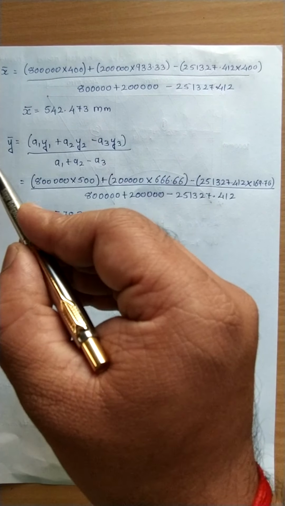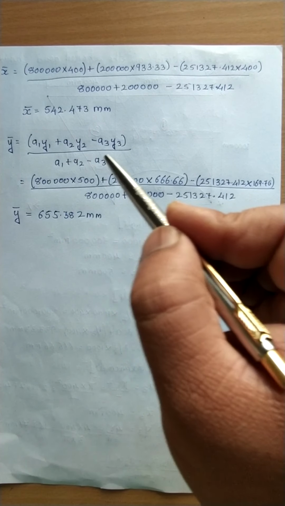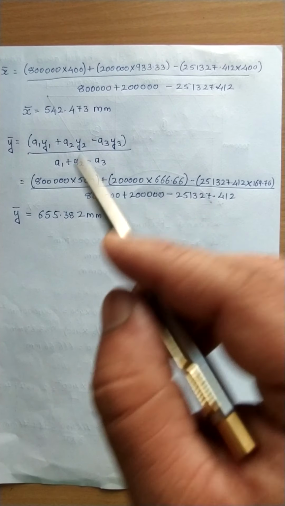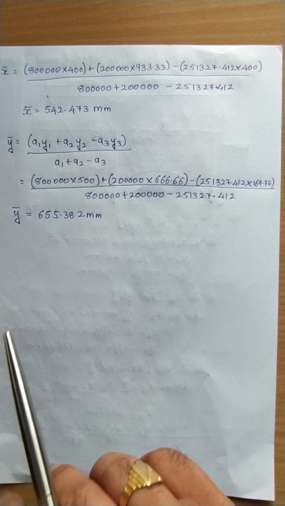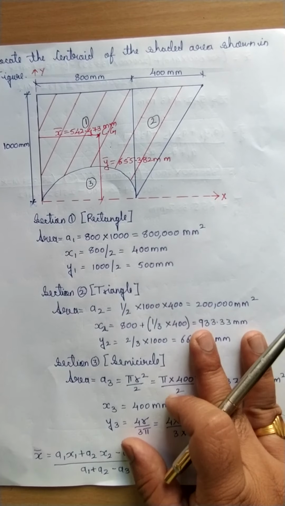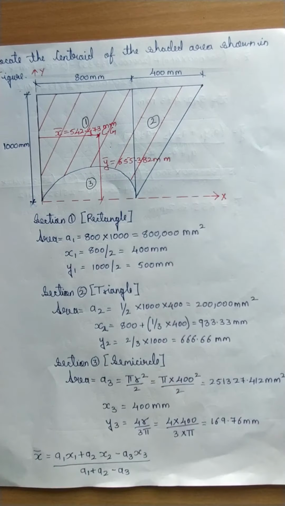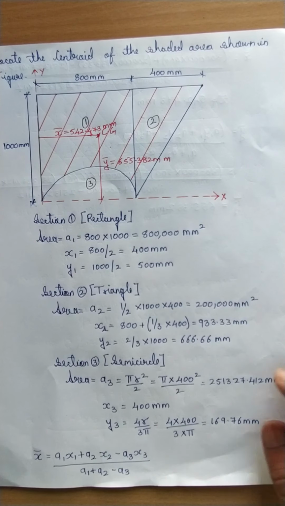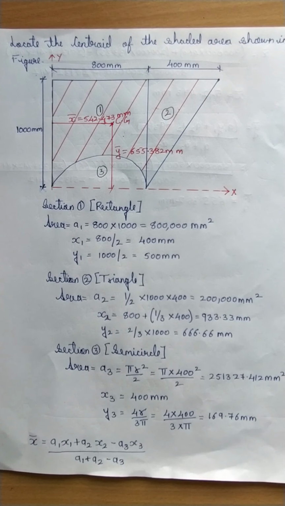Now similarly y bar is (a1 y1 plus a2 y2 minus a3 y3) divided by (a1 plus a2 minus a3). Substituting the values, we get so much. Now locating, x bar is located from the left side at a distance of 542.473, and y bar at a distance of 655.382. This is how we have to locate the centroid. So please do study.